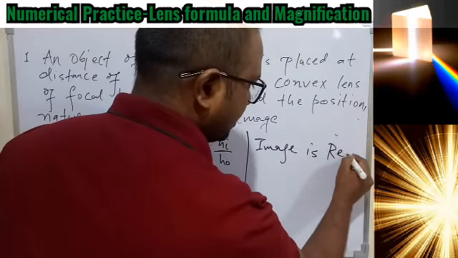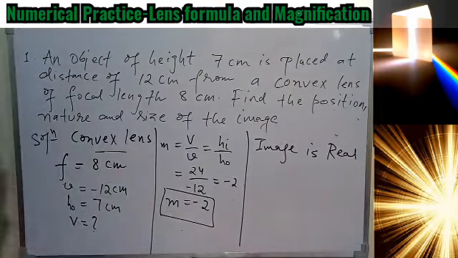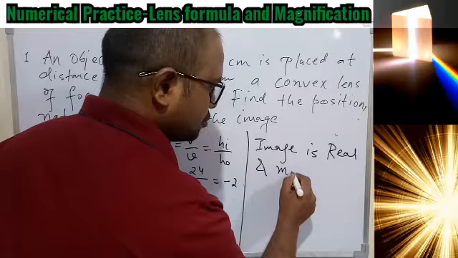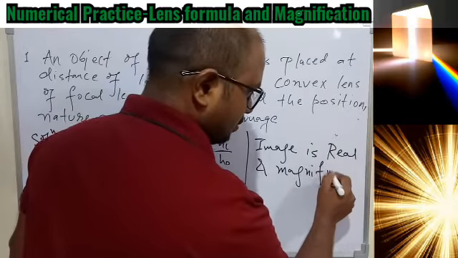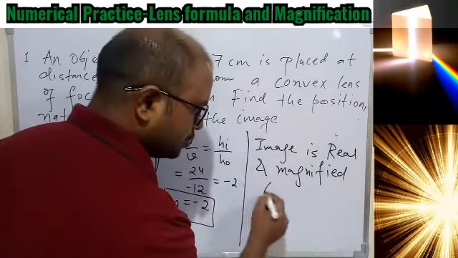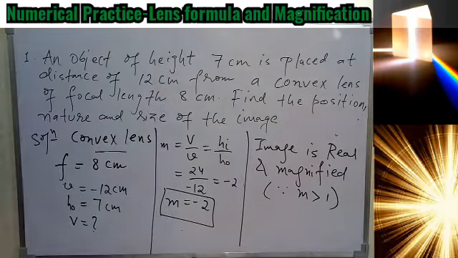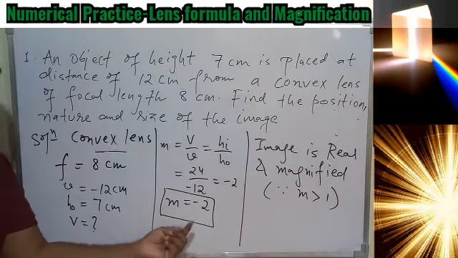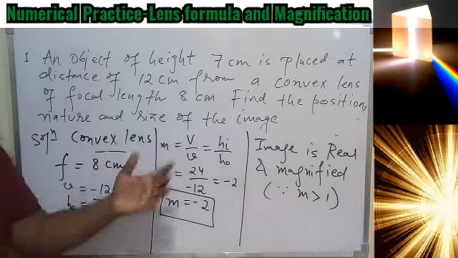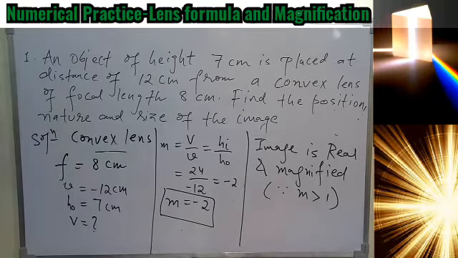Why? Because magnification is negative and magnified also. Why? Because we know the magnitude of m is greater than 1. So here we can see m is minus 2, so image is magnified and real.